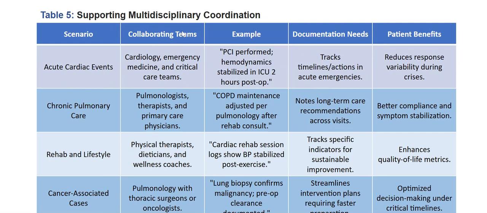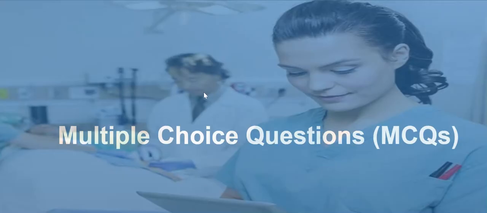Table on supporting multidisciplinary coordination: scenario, collaborating teams, example, documentation needs, patient benefits. Scenarios, we have acute cardiac events, chronic pulmonary care, rehab and lifestyle, cancer-associated cases, and post-surgical recovery. Next, we will revise what we have covered in this lecture through some MCQs, or multiple choice questions.